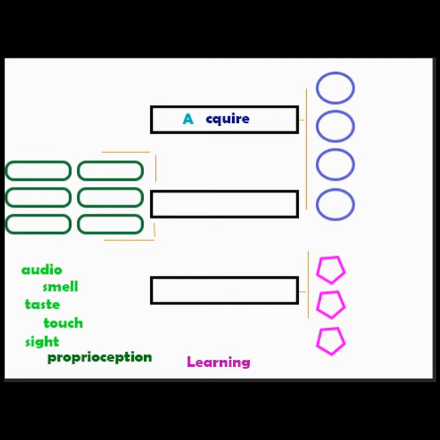But if we acquire knowledge for academics, we're not necessarily using smell and taste. Not generally. Perhaps I'm going to a cooking school and then taste becomes very important. Or there could be a chemistry class where smell becomes very important. But for the most part, it's going to be actually based on audio, touch, and sight.